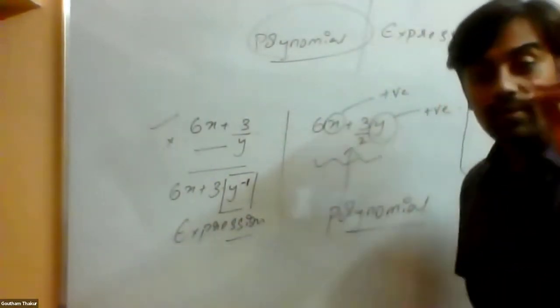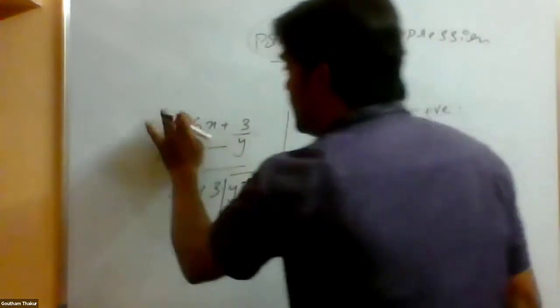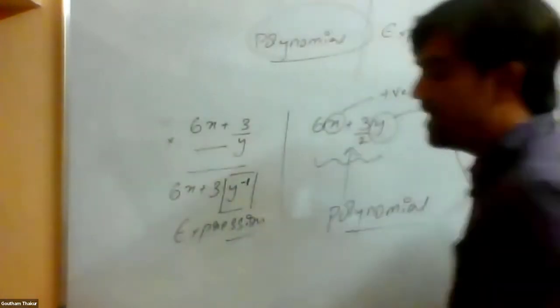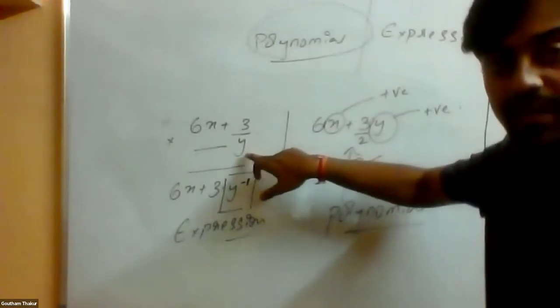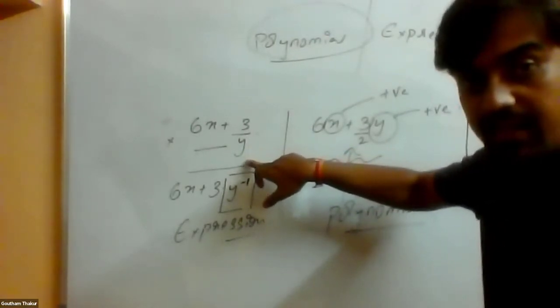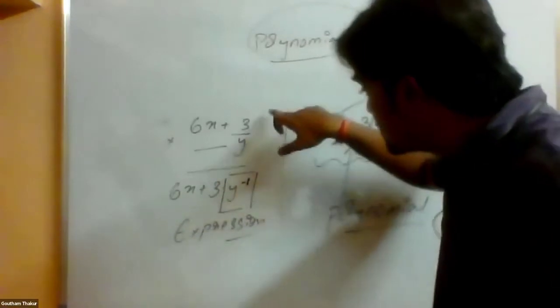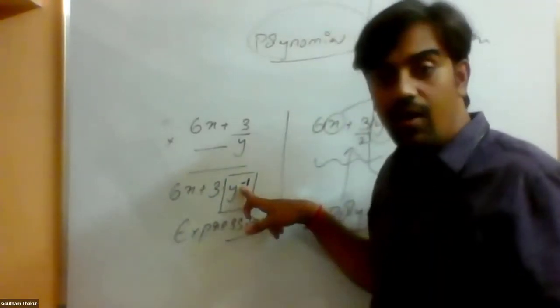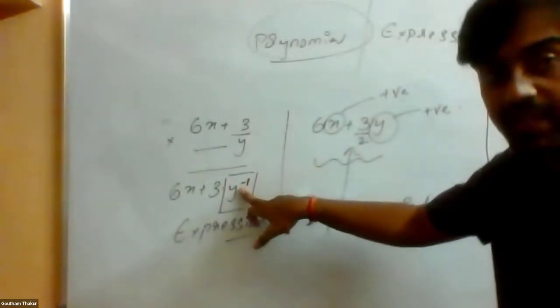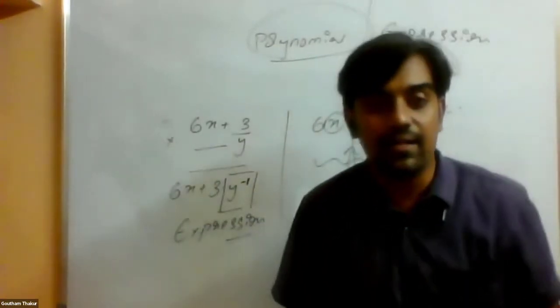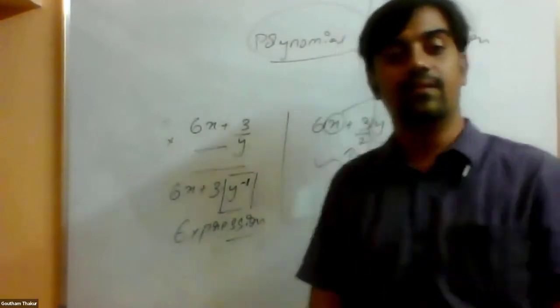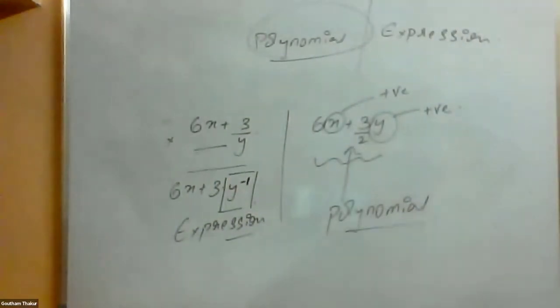But no. These are the small things where we have to be very careful. As the variable is in the denominator, if I take this to the numerator, the degree of this particular term will become negative, which doesn't come under a polynomial. Hope this point is very clear.